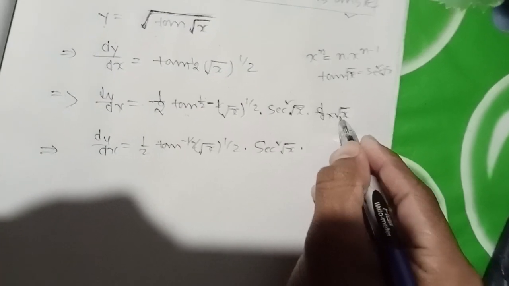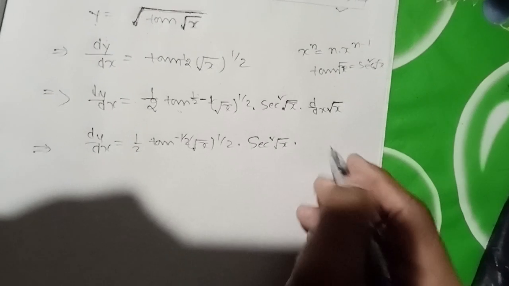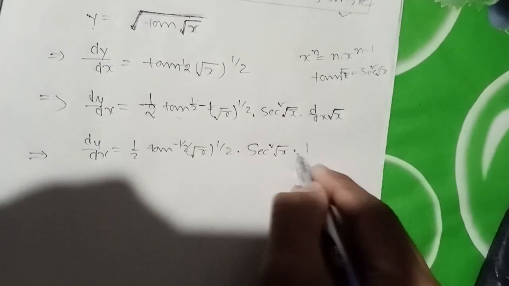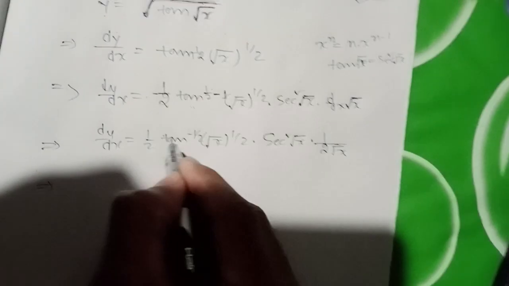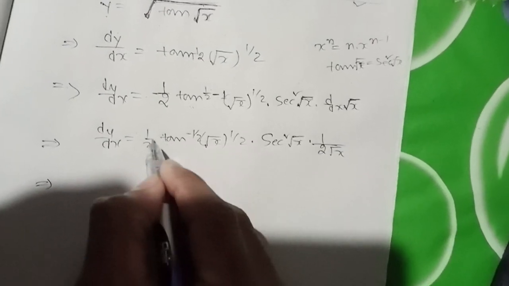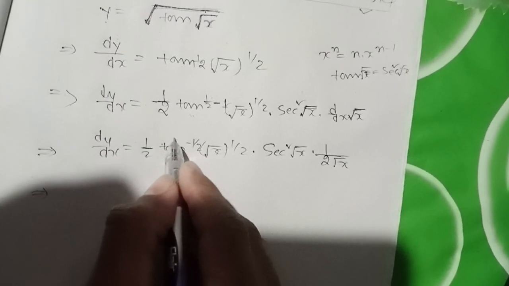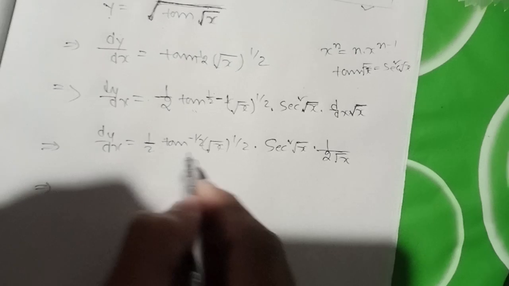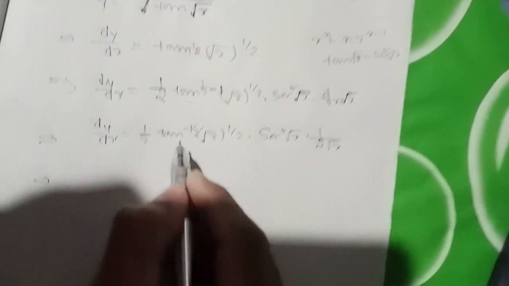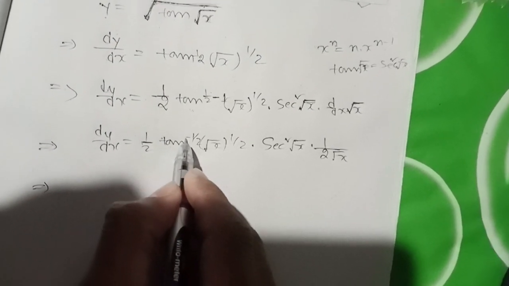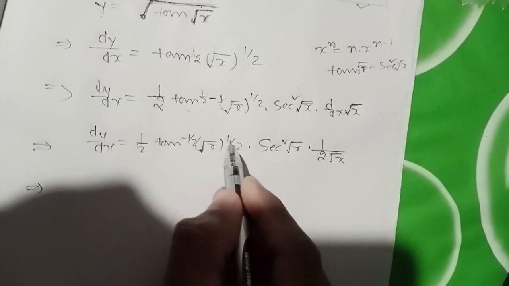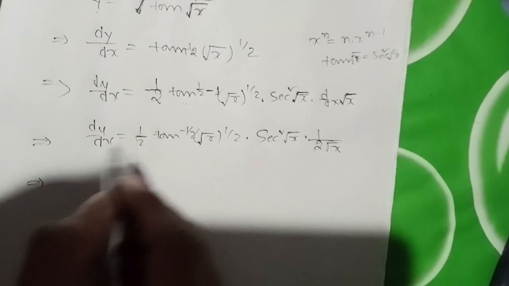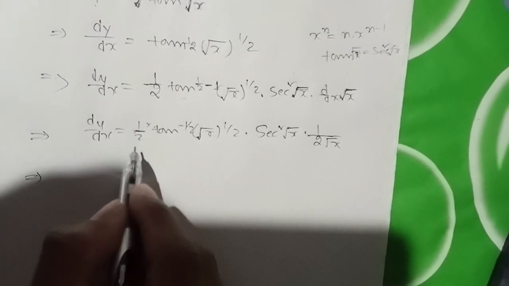The derivative of under root over x we already studied, 1 by 2 root x, yes or no? So my dear friends, this tan is situated in the numerator, not the denominator. Okay, means tan to the power minus 1 by 2 of under root over x is multiplied with 1, not 2.